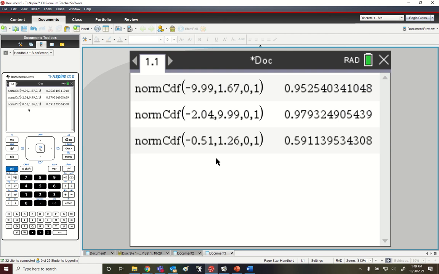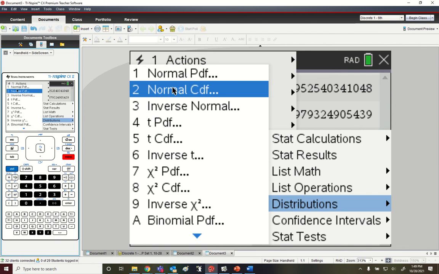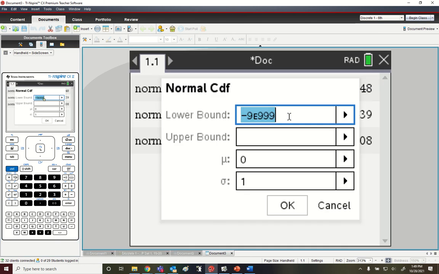Yeah. So, calculate this. Menu, statistics, distribution, normal CDF. My lower bound would be negative 9.99. And just for the left side, what is going to be the upper bound?